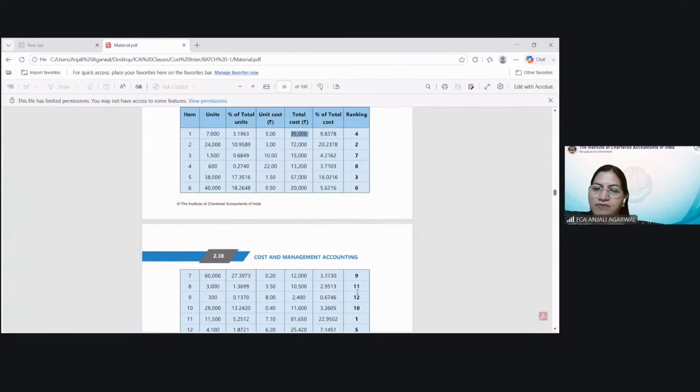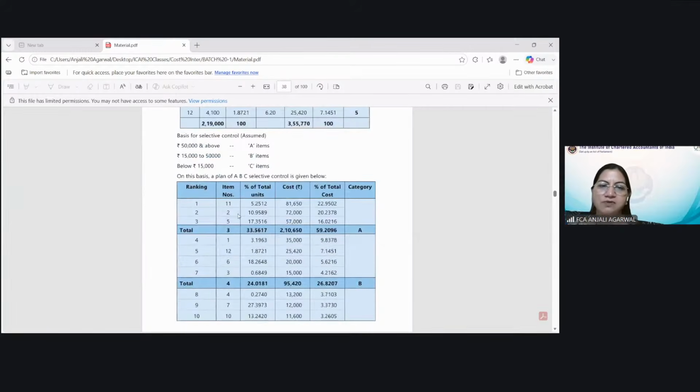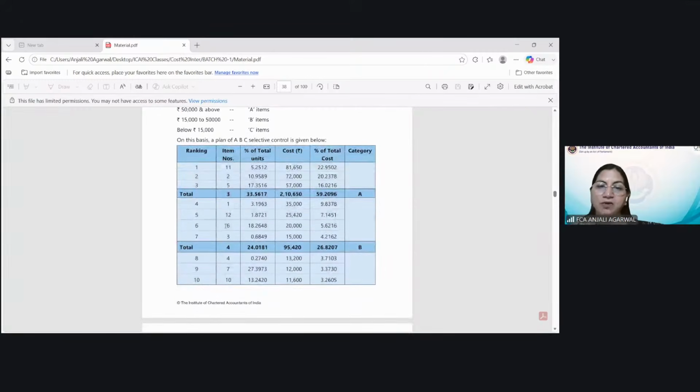So I take only item number 11, 2, and 57. Then anything between 15 to 50 is classified as B. You will see that they are maximum in percentage of value, but in terms of units, they are less. Category B is moderate on both sides, and category C is high on units, less on value.